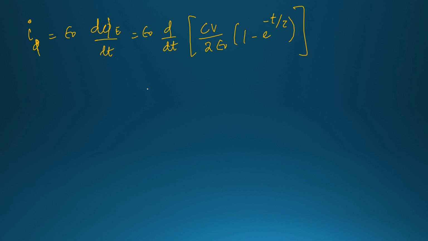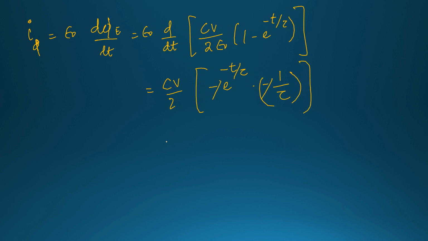Epsilon cancelled out. D by dt of the whole thing will be minus e to the power minus t by tau into minus 1 by tau, isn't it? Minus minus cancelled out. So CV by 2 into e to the power minus t by tau whole divided by tau. This is the ID.